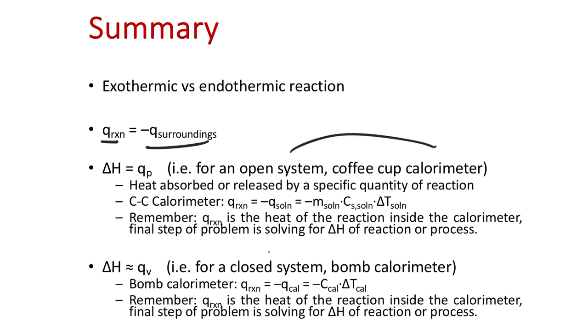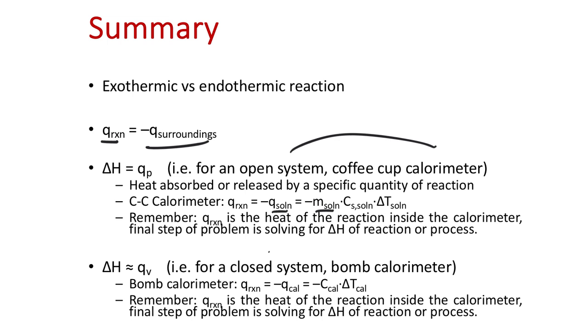So in our coffee cup calorimetry, heat was absorbed by or released by a certain reaction into the solution it's taking place in. If heat is released, the temperature of the solution should go up. If heat's absorbed by the reaction, the temperature should go down inside that calorimeter. And so we have some equations that emerge: Q reaction equals negative Q solution, equals negative m solution, C s solution, delta T solution. The Q reaction is the heat of the reaction occurring.